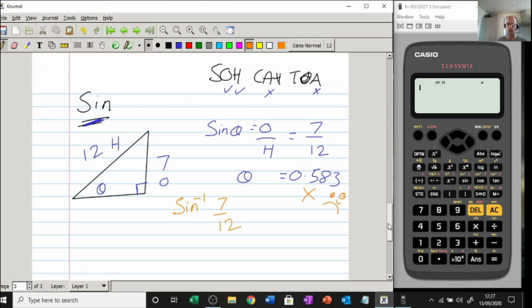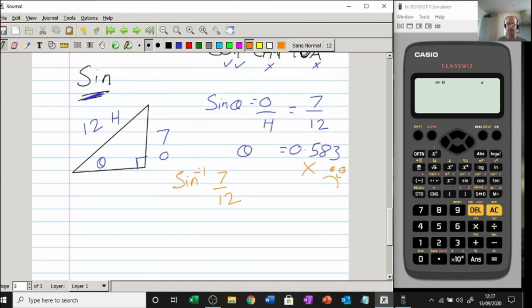So on your calculator, just do this. You're going to press Shift, Sine, then you get that, and then you want to put 7 over 12. Use 7 over 12 because 7 divided by 12 gave us 0.5833333, so there's a bit of rounding up there. So if you put 7 over 12 in, it's going to work better for you.